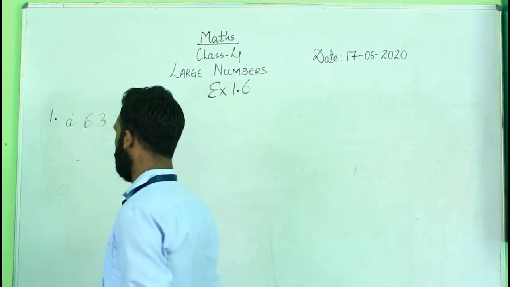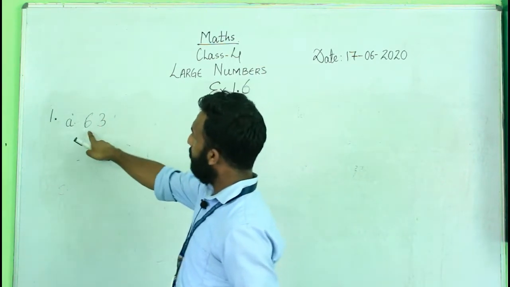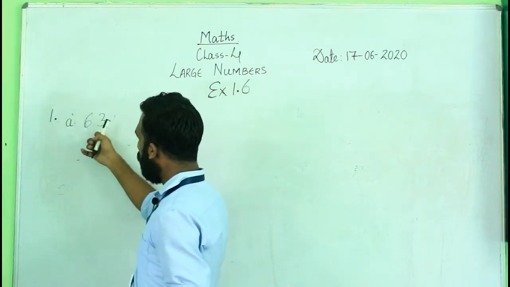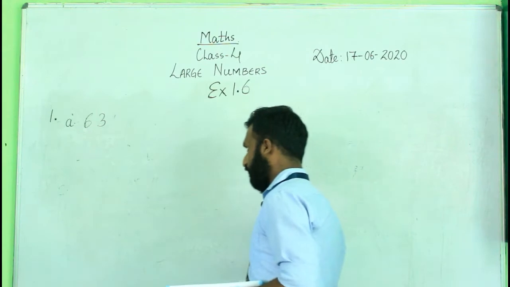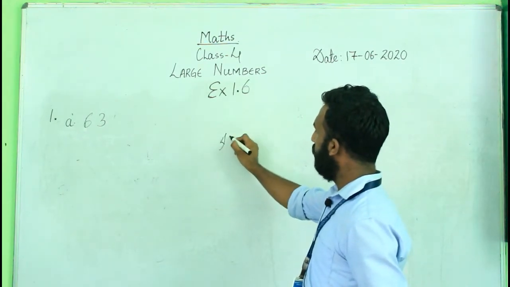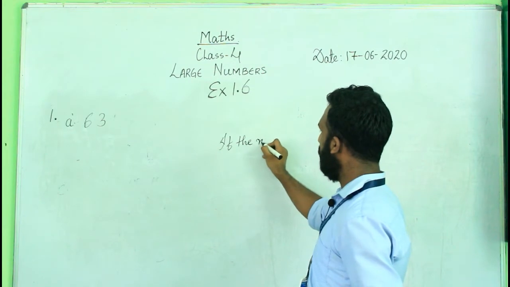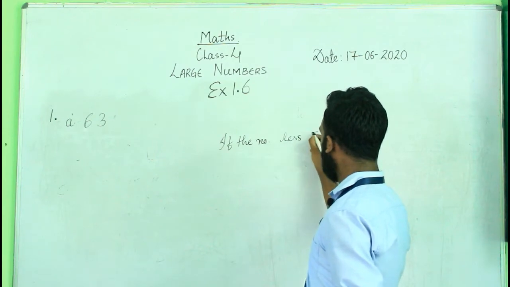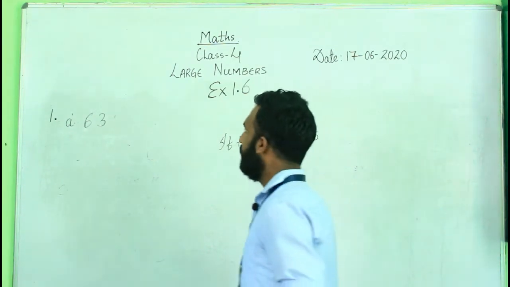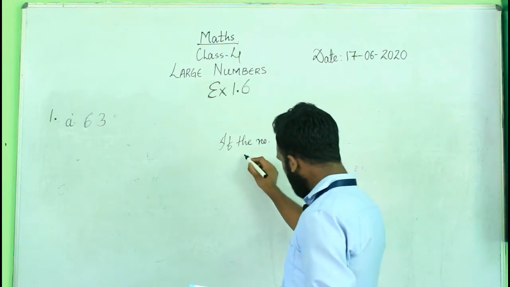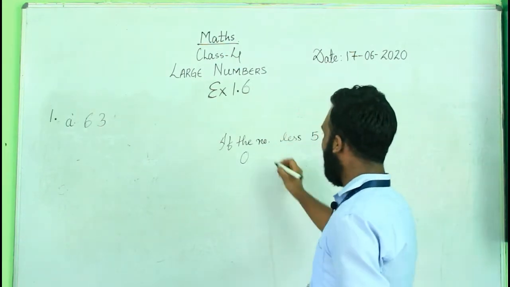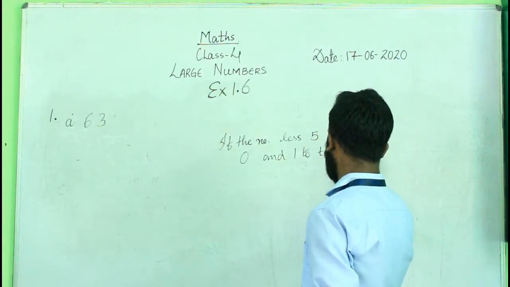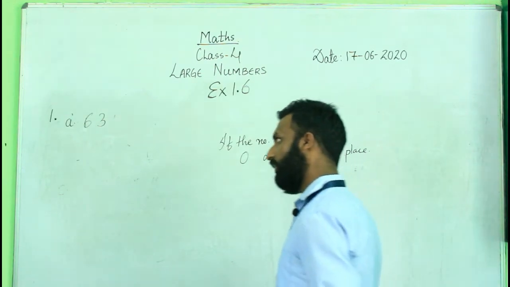See here, we have 63. It is saying round up the number to the nearest tens. So first of all, we will check the number at the ones place. If the number at the ones place is less than 5, then at the ones place we will write 0 and keep the tens place as it is.